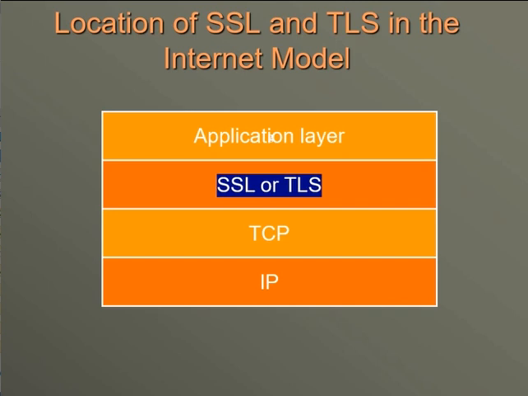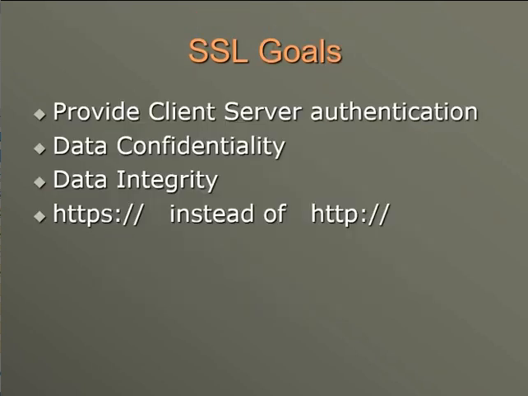The two most important protocols used nowadays for providing security at the transport layer are the Secure Socket Layer, which is the SSL protocol, and the Transport Layer Security, that is the TLS protocol. The latter one, TLS, is actually an IETF version of SSL.